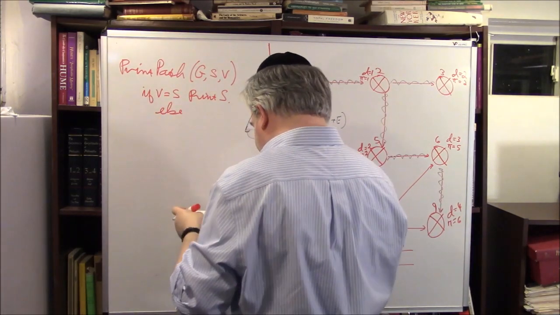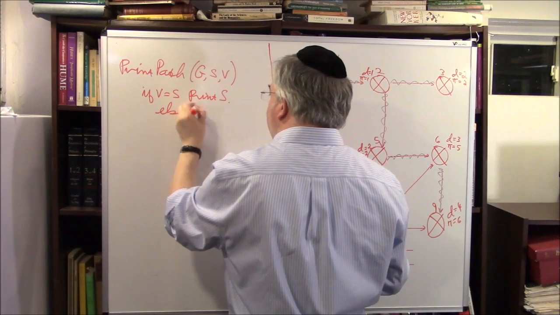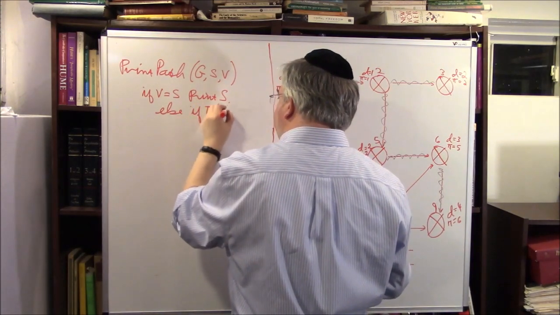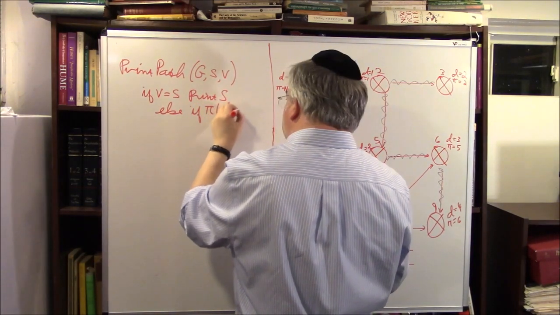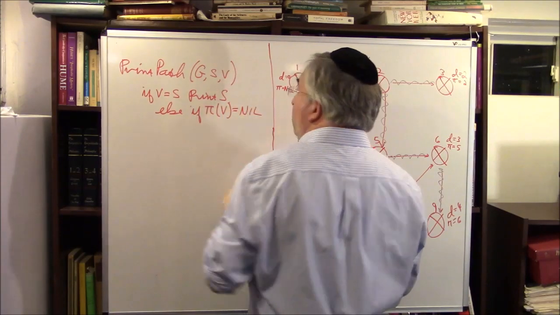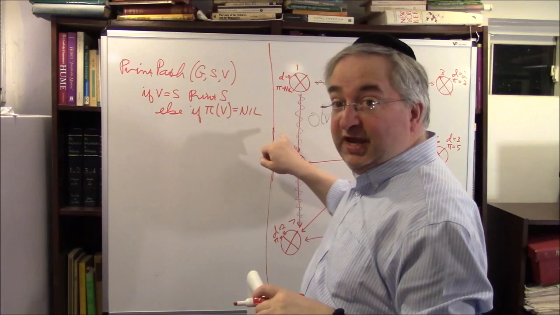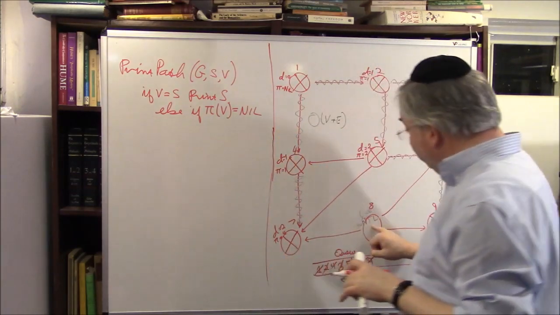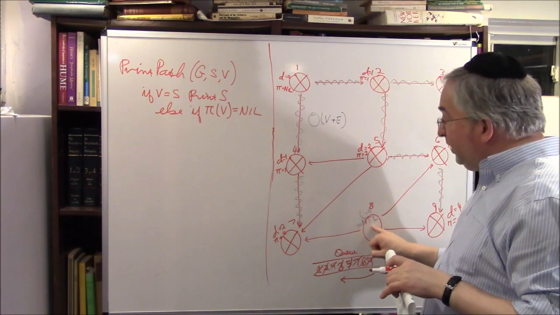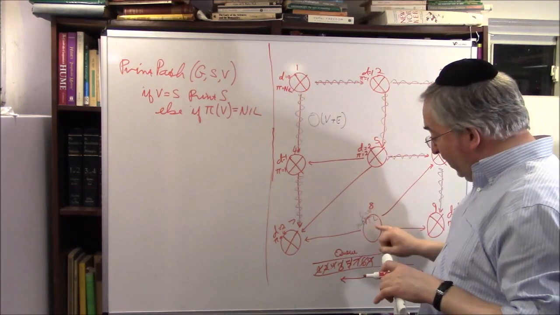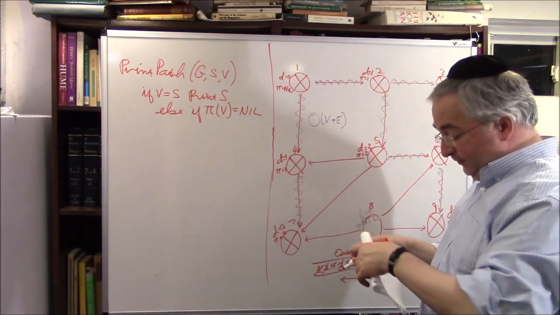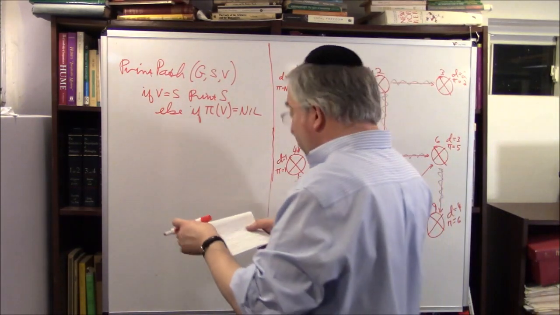Else, if parent of V equals nil, if V doesn't have a parent, then there's no way you're going to get from S to V. For example, if I plugged in 8 over here, there's no path from 1 to 8. This parent is nil.